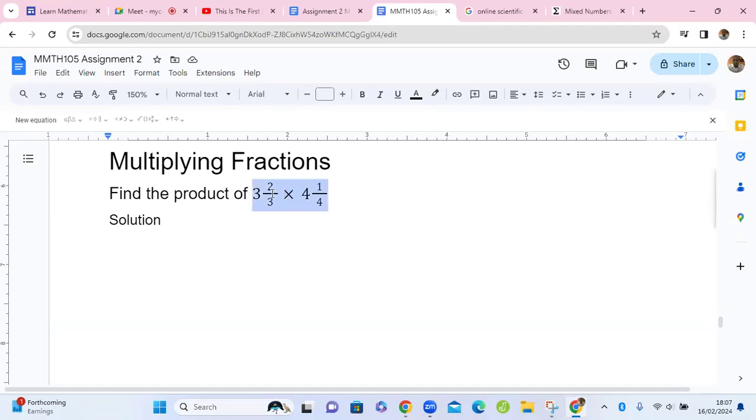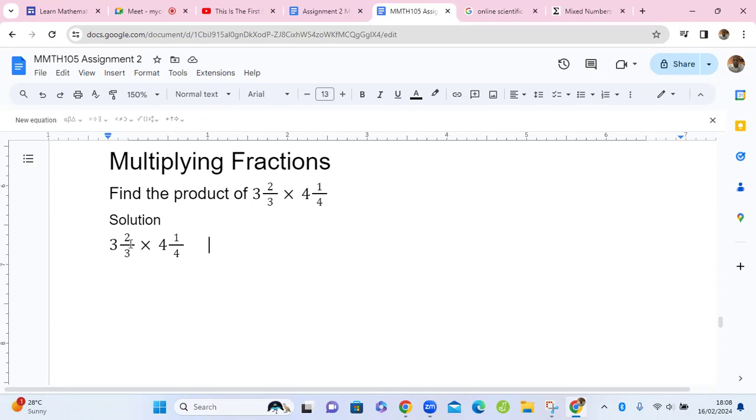So here we've got mixed fractions, or mixed numbers. So we must convert. We don't must, but it will be a very lengthy process to multiply these fractions as is using mixed numbers.